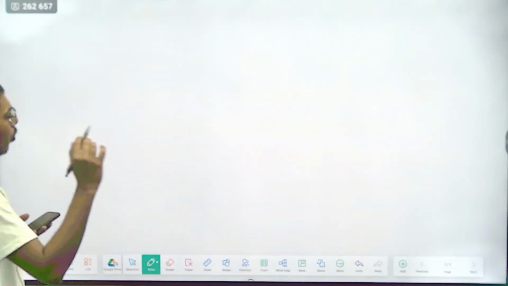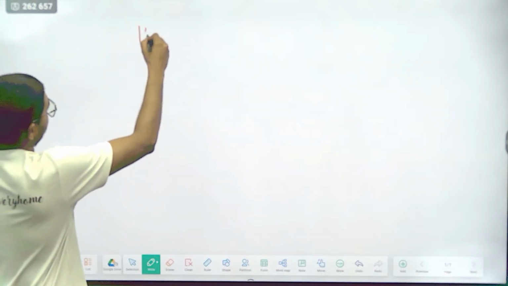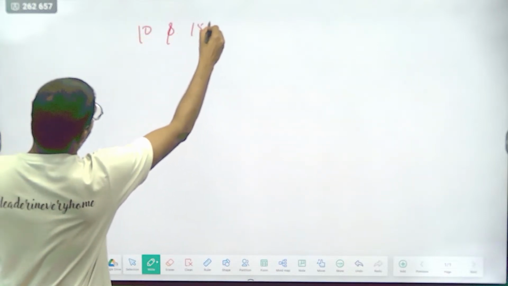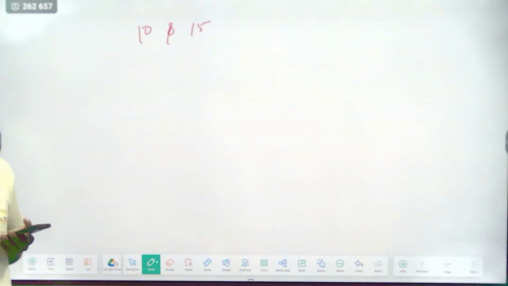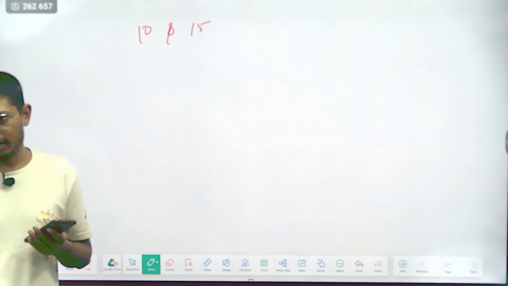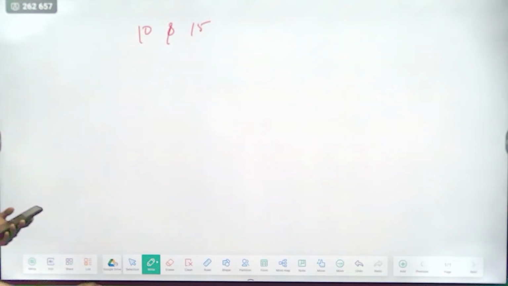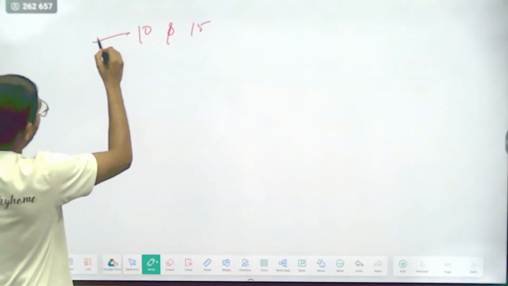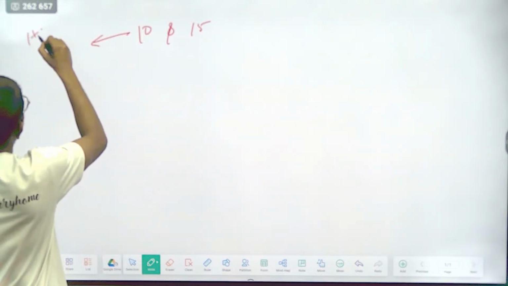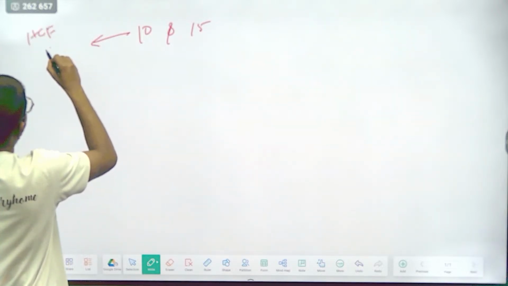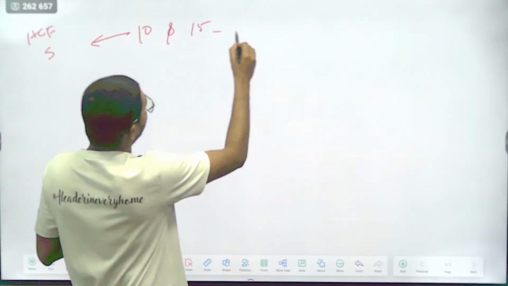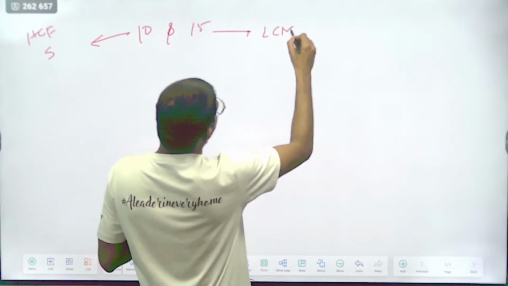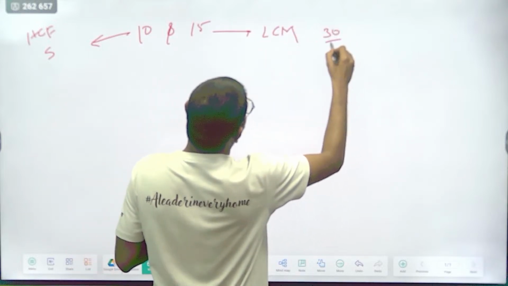One more thing, this is 10 and this is 15, right? This is an important observation that I want all of you to keep in mind. Over here on the left-hand side we have HCF, which is 5, and over here you have your LCM, which is 30.